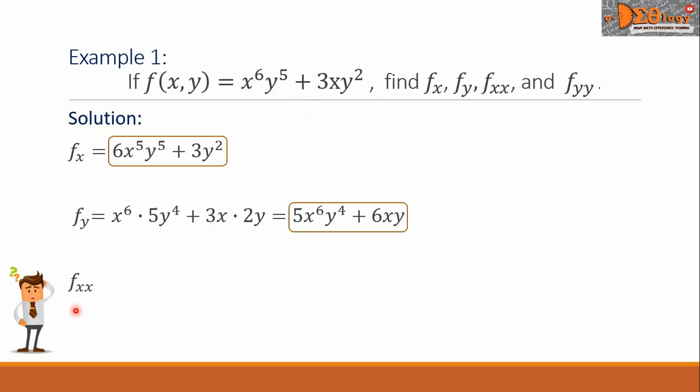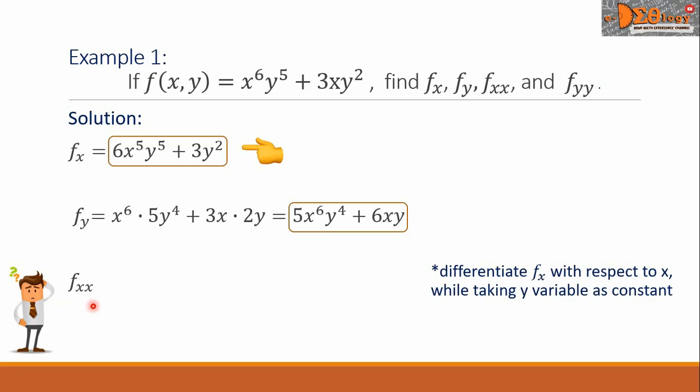Then we have f sub xx, which means we're going to differentiate the function f sub x with respect to x while taking y variable as constant. So the derivative will be 6 times 5x raised to 4 times y raised to 5.